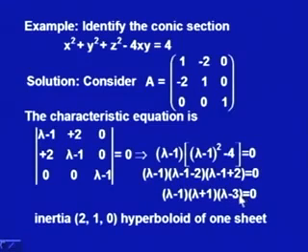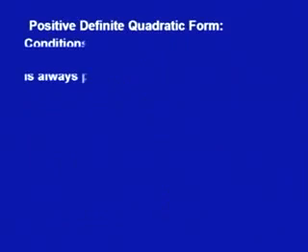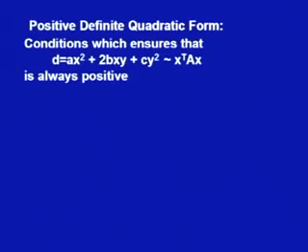We will have two positive eigenvalues, namely 1 and 3, and one negative value, minus 1. So the inertia for this given matrix is 2, 1, 0, and according to the classification, this surface is a hyperboloid of one sheet.